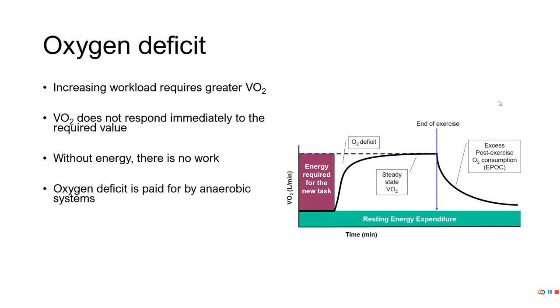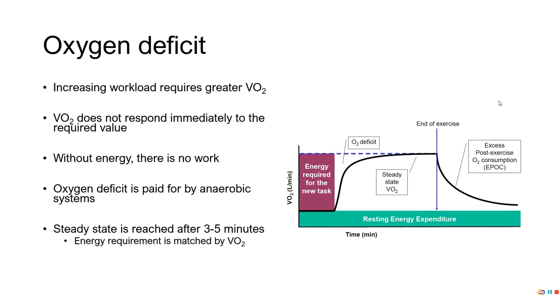But you have to remember those anaerobic systems don't last for very long. We can deplete those resources rather quickly. And so over a couple of minutes, anywhere from 3 to 5 or 1 to 5, we eventually get to where we're delivering enough oxygen and taking up enough oxygen. Once we do that, we've hit that steady state, which we talked about in the last video.